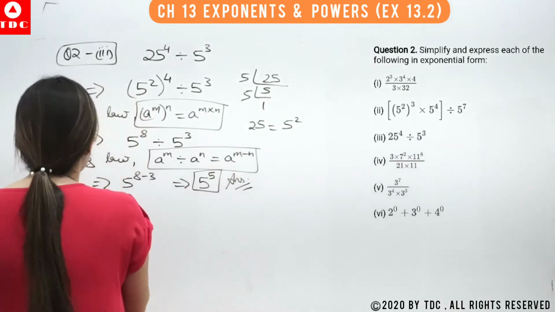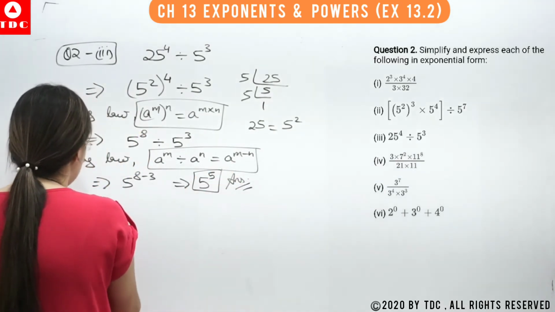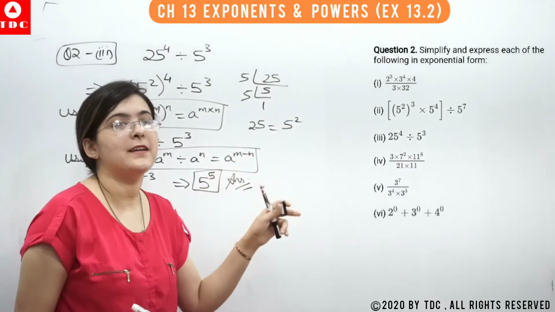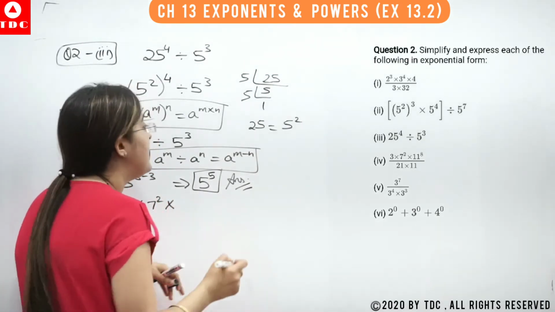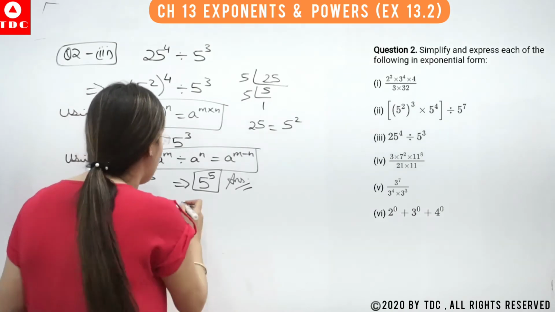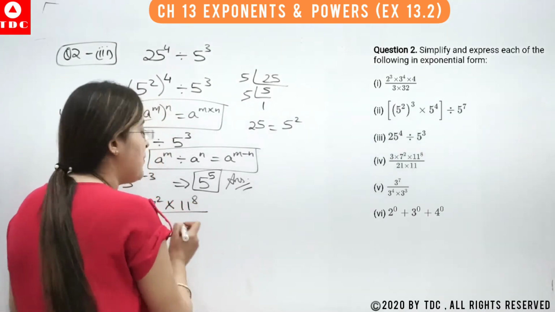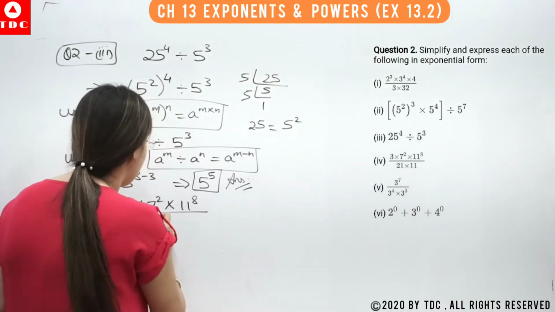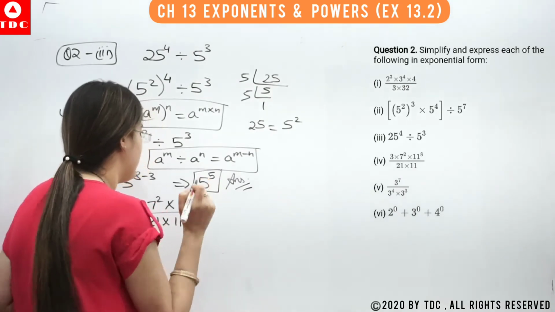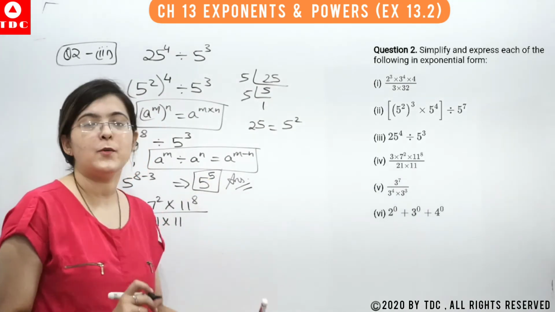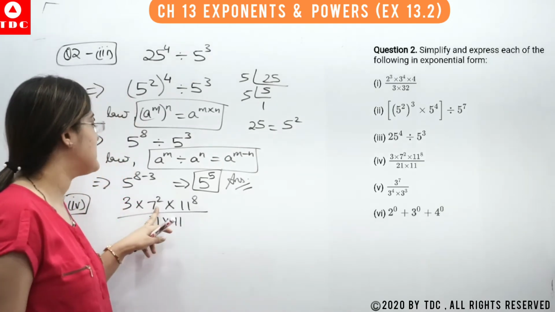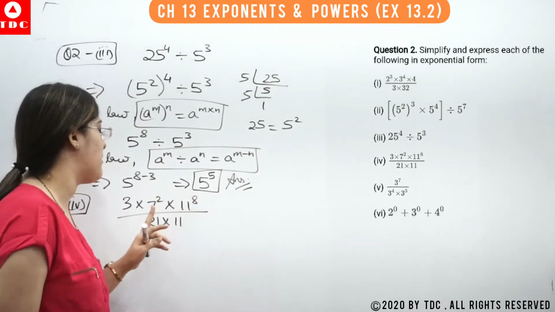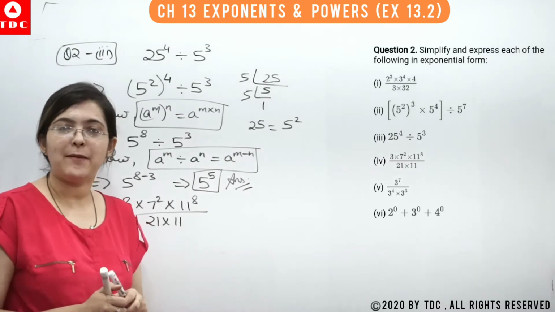Okay. Now see the fourth part. What is the fourth part given as? 3 into 7 square into 11 to the power 8 upon 21 into 11. This is the question given. First check the base. 3 is prime, 7 is prime, 11 is prime. 21 is not a prime number.